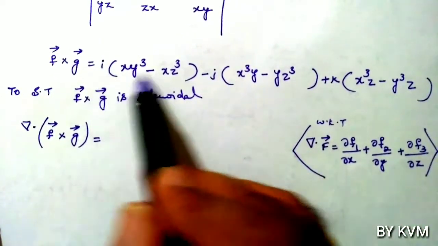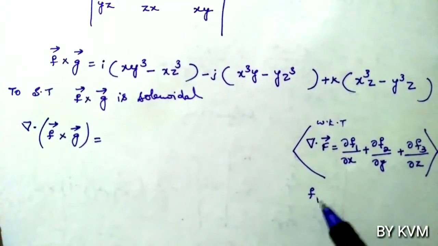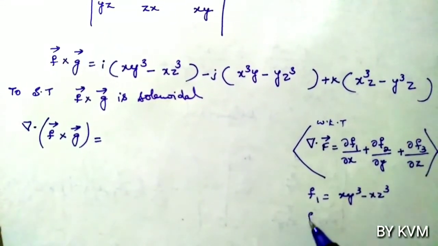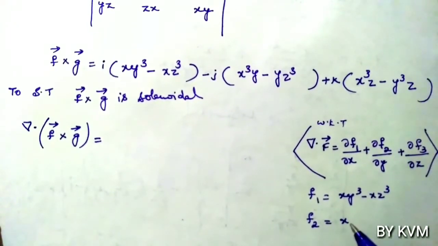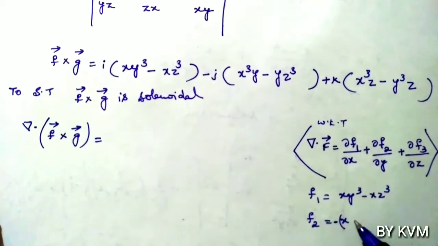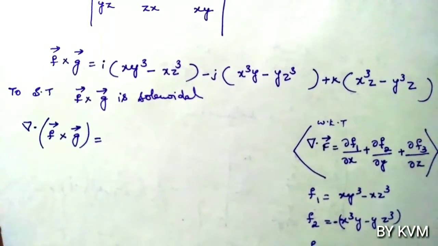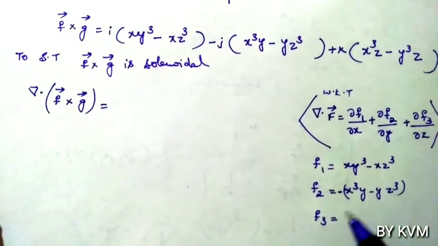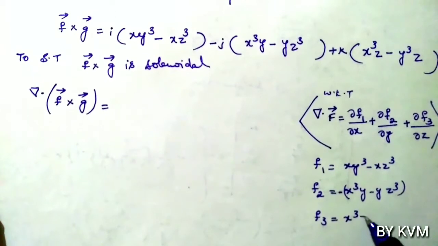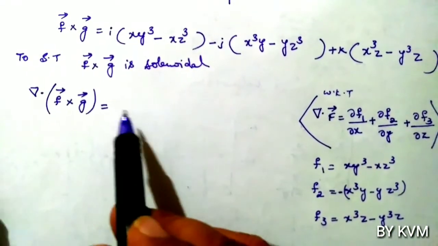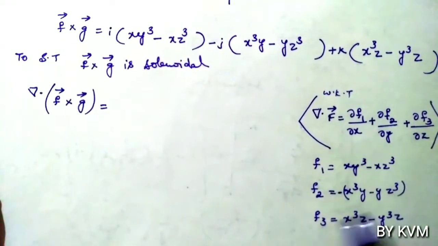So in this resultant vector, let us take f1 as xy³ minus xz³. F2 is the coefficient of j, so minus of (x³y minus yz³), and F3, the coefficient of k, is x³z minus y³z. Now the first term is ∂f1/∂x.